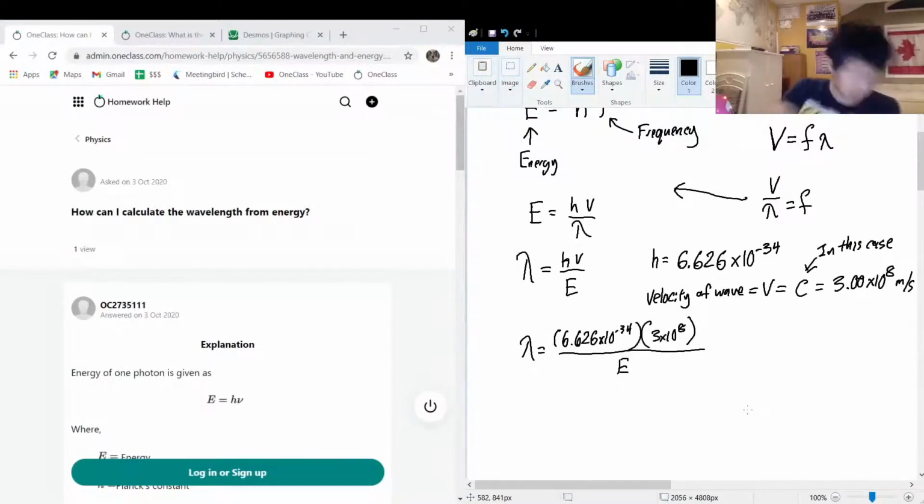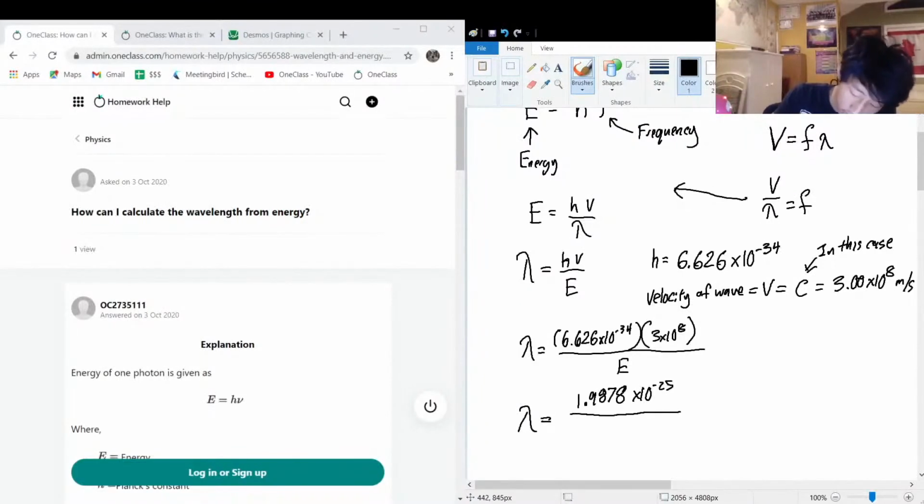Okay, so setting that in our calculator, Planck's constant times the speed of light, 6.626 times 10 to the power of negative 34, multiply that whole thing by 3 times 10 to the power 8, and we get lambda equals 1.9878 times 10 to the negative 25 over the energy, and that will give us the wavelength.